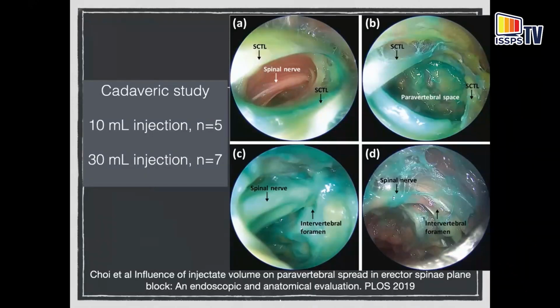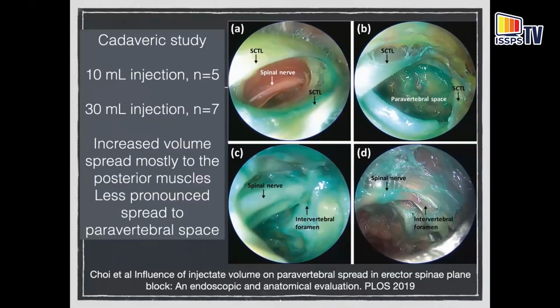In this cadaveric study, they also did endoscopic evaluation. I think this is quite neat because they can look without disturbing the dye. What they found was that increasing the volume resulted in mostly increased spread to involve the posterior muscles and less pronounced spread to the paravertebral space.